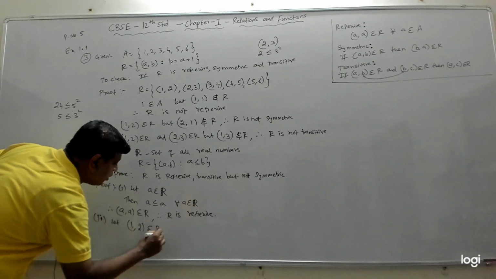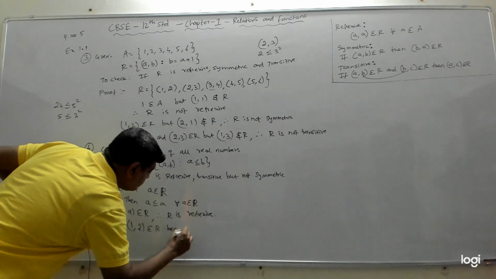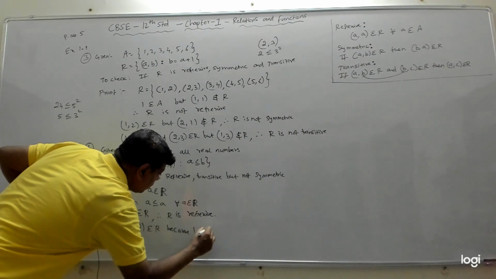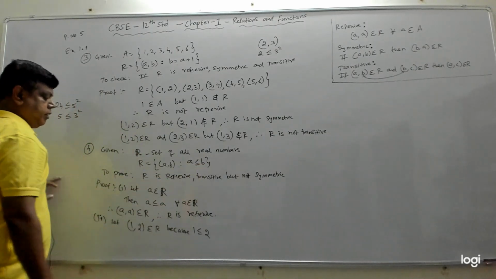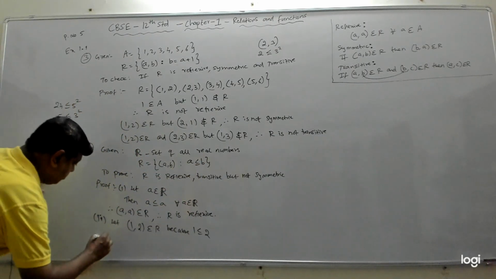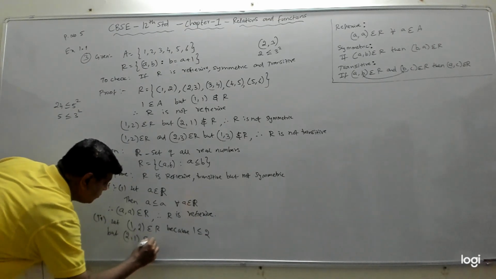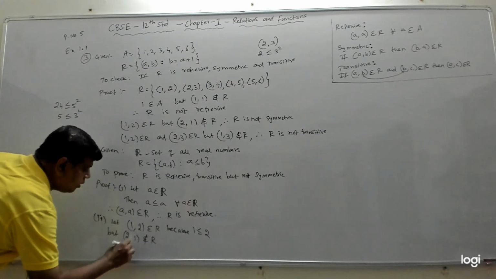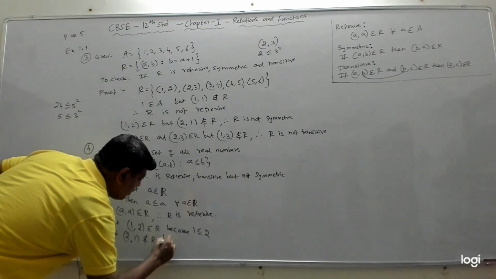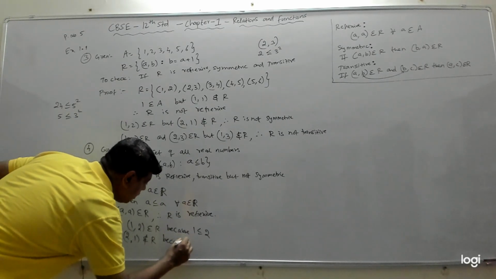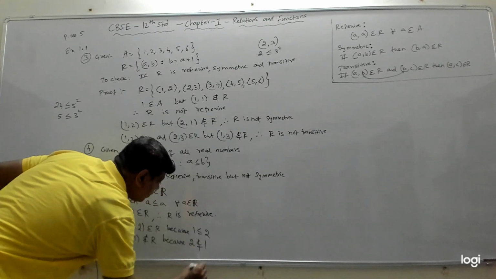Why does (1, 2) belong to R? Because 1 is less than or equal to 2, that is, a is less than or equal to b. But (2, 1) does not belong to R because obviously 2 is not less than or equal to 1.